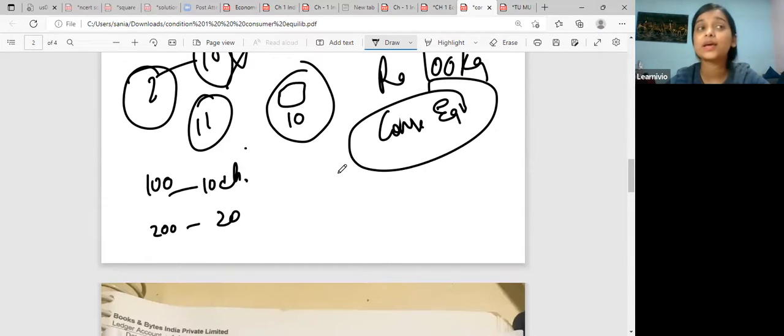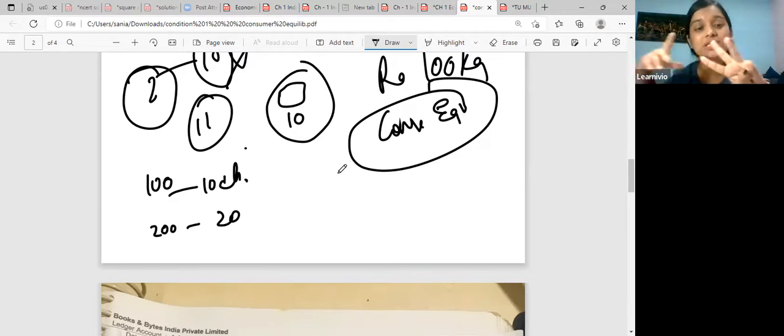I'll say there are three situations in which you can get consumer equilibrium. For example, this is a medal, a prize. You are asking, ma'am, when will I get the medal? What are the conditions? How can I become student of the year? I'll say you are very good in academics, or very good in sports, or very good in the debate society.